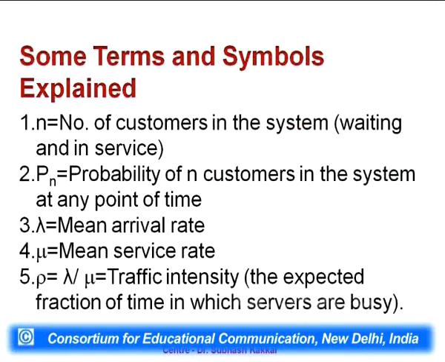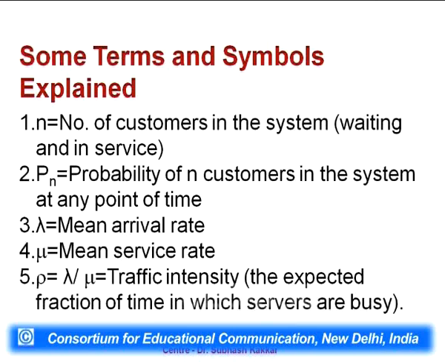Some terms and symbols which are used in queuing models are now being explained. The first one, small n, number of customers in the system, waiting and in service. Pn is the probability of n customers in the system at any point of time.